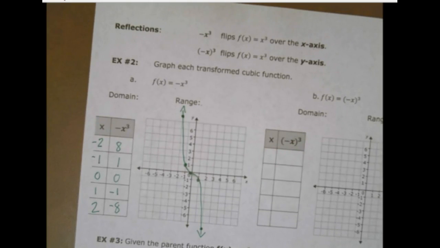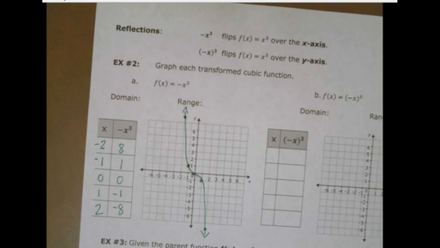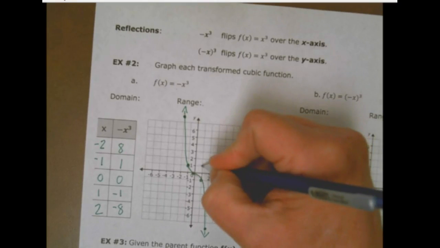The reason I know that is in the past I have graphed decimal points in between the 0 and the 1 to see what it does in there, and you could do that if you so choose. Okay, so that is a reflection over the x-axis.